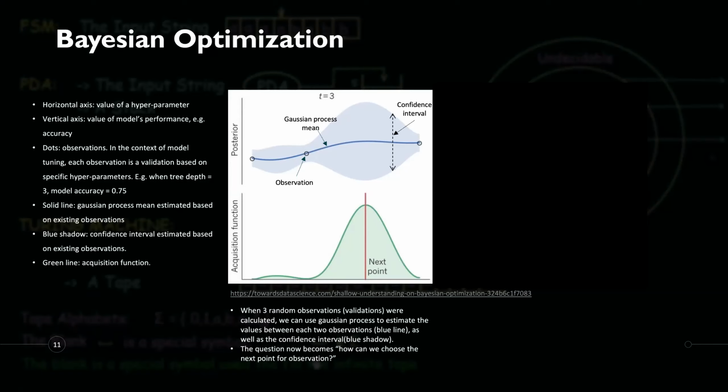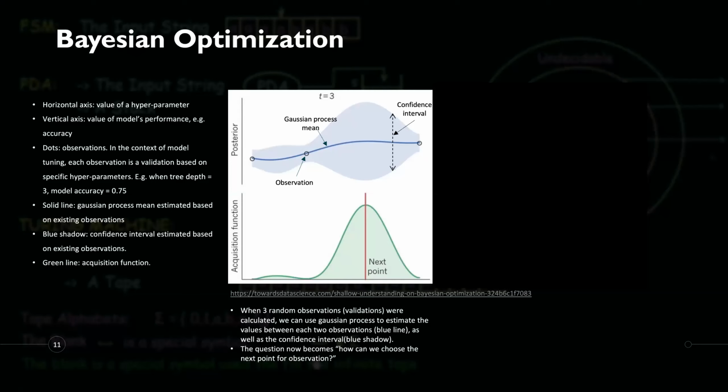So here's the thing. We already have 3 observations, and the question here is, how can we choose the next value to observe? How can we choose the next value to train the model and do the validation, which will give us the most promising direction to further improve the model?